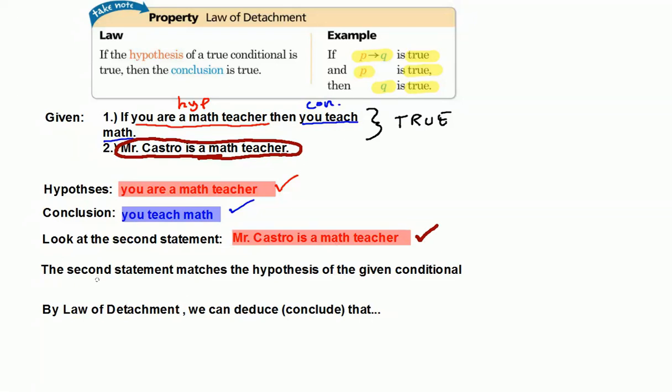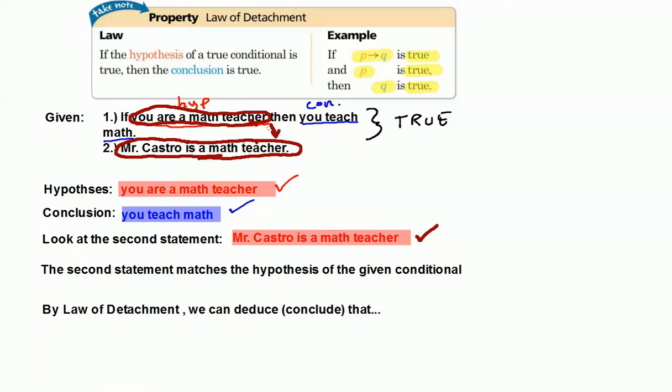The second statement matches the hypothesis of the given conditional. What does that mean? This statement, Mr. Castro is a math teacher, is the same as the hypothesis of the conditional, which is, you are a math teacher.